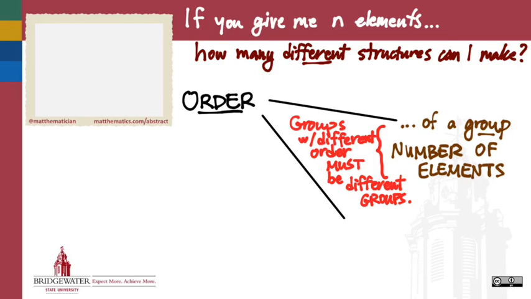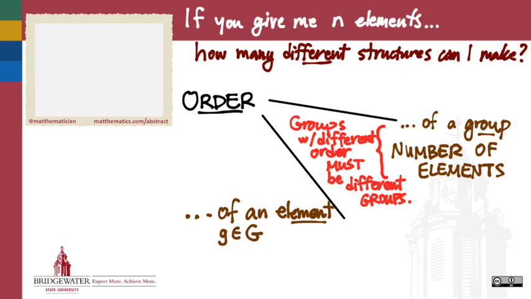What's the other sense in which we use the word order? The order of an element in the group. And how is that different? How do we define what the order of an element, let's say g, inside of a group G, is?